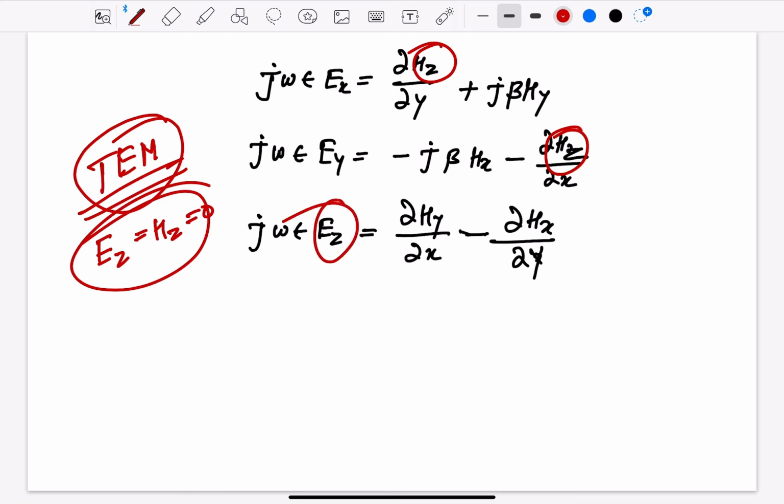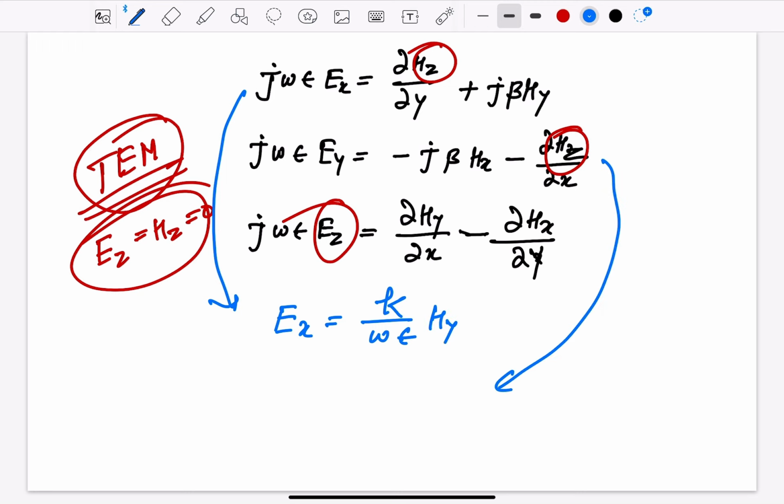So you can find some equations here, and you can definitely write these things. From these equations you may write Ex is equal to k over omega epsilon times Hy.